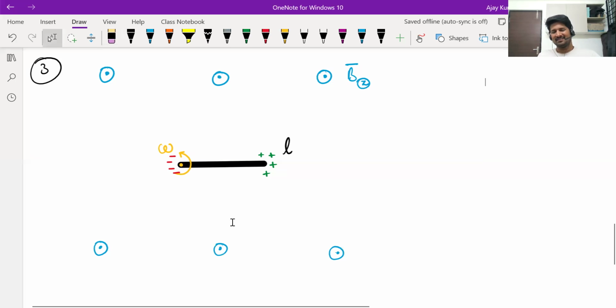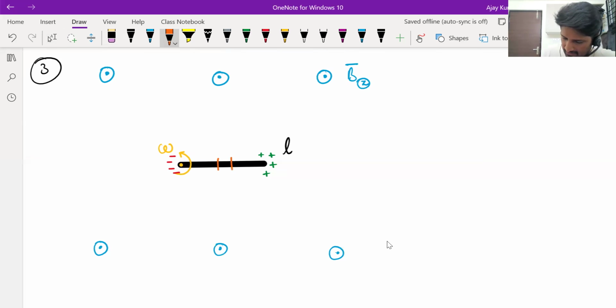In such cases, what we do is we consider a small portion of this rod. In that small portion, between the left end and the right end, there will be a small potential difference. We will derive that and we'll integrate that to get the total potential difference.